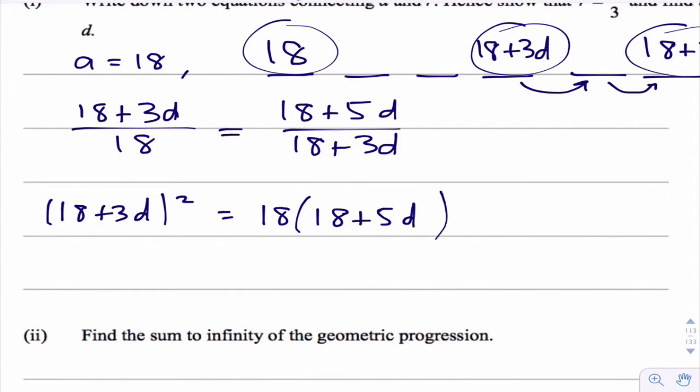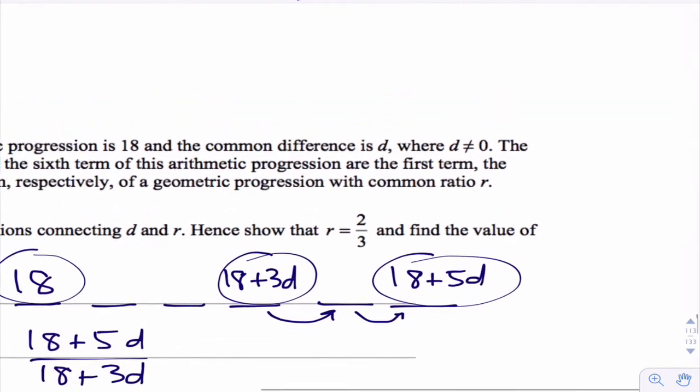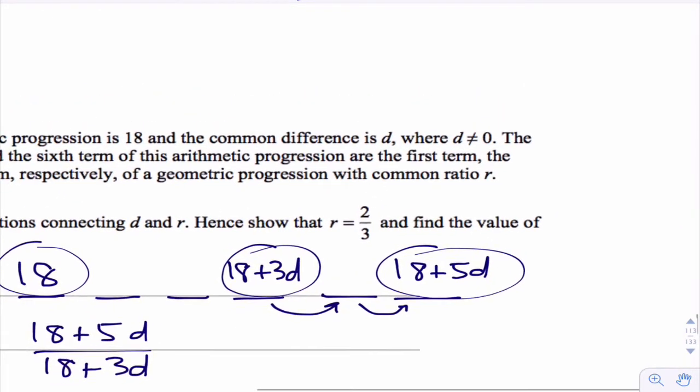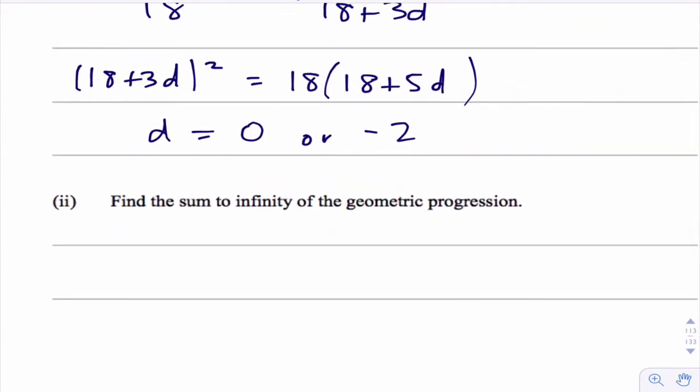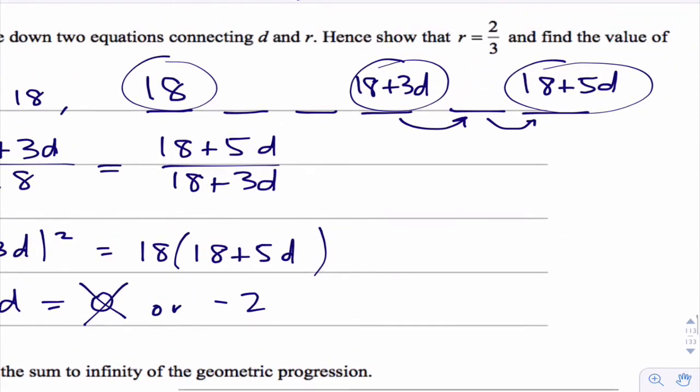You're going to end up with an equation with d squared in it and solve it, and you'll find that your calculator should say d is 0 or negative 2. Now notice in the original question it said that d was not equal to 0. So this is clearly not one of the possibilities. So d is equal to negative 2 is the one that we want. And that answers that part of the question.